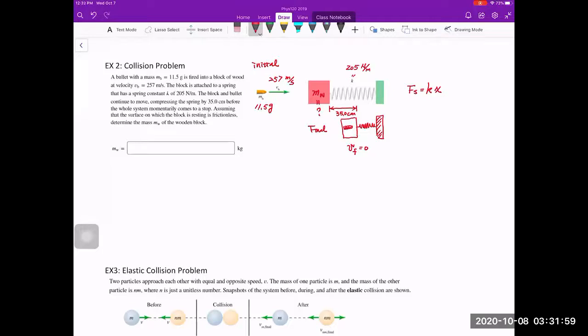Okay, so what kind of collision is this? If they move together, they didn't separate, this is going to be a perfectly inelastic collision, just like the previous one.